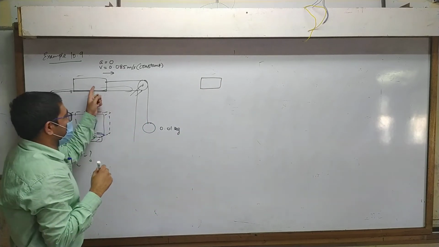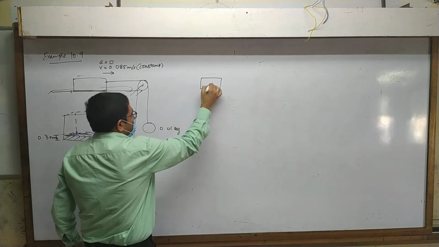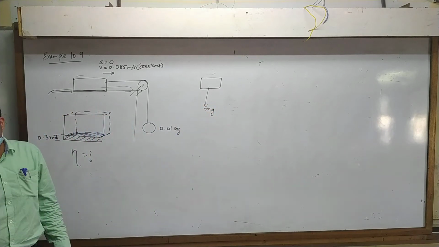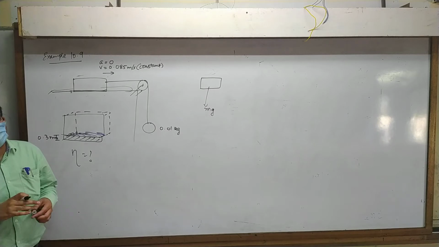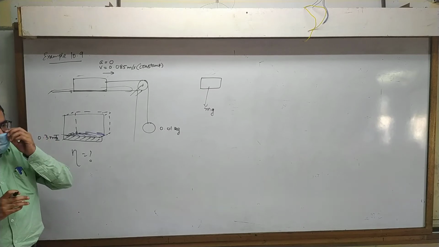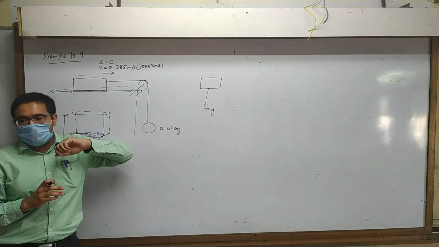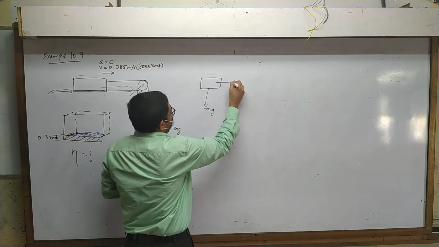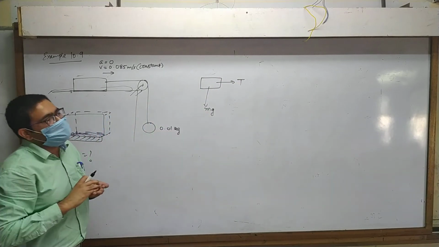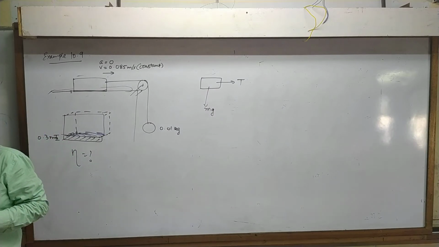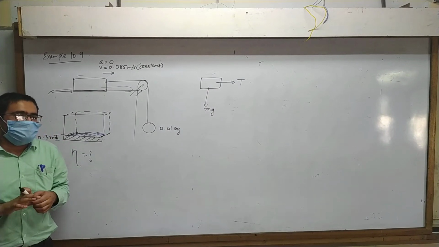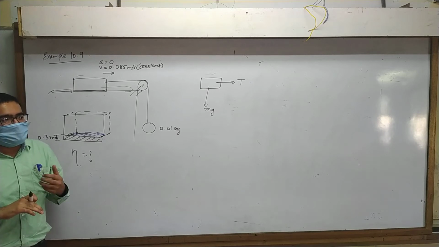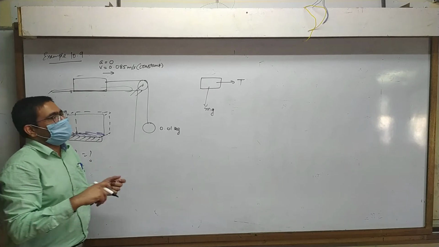So first of all, I'm going to draw the FBD. We don't know its mass. Let's say it's m. Easy now. Okay. What other forces could be there? There would be tension. In which direction? Right side. Right? Normal. In which direction? Upward. It has to be there, right?